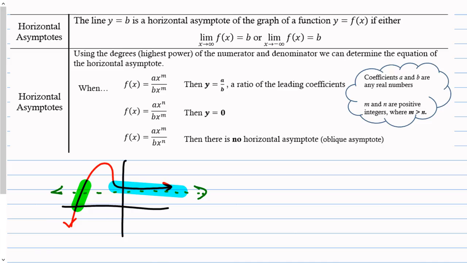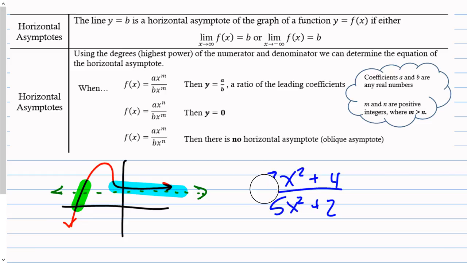Alright, so beyond that now. Here are the rules if I have rational functions. And rational functions are basically, oh my goodness, so sloppy, this. Right? A ratio. A bunch of stuff on top, a bunch of stuff on bottom. Polynomial on top, polynomial on the bottom.